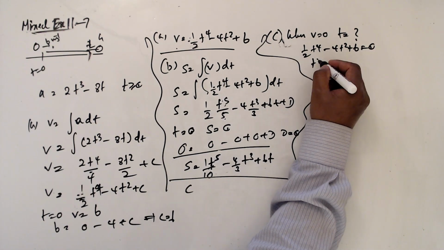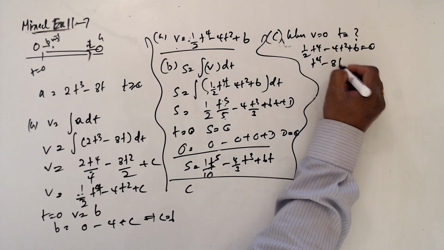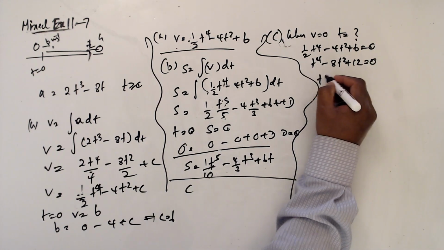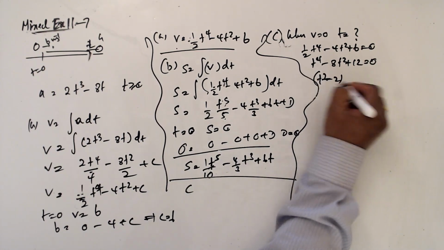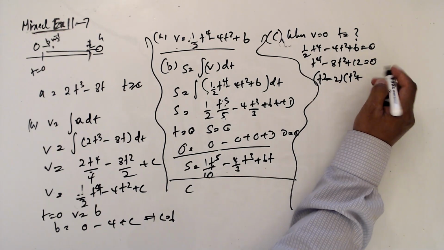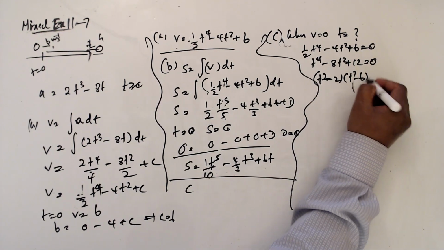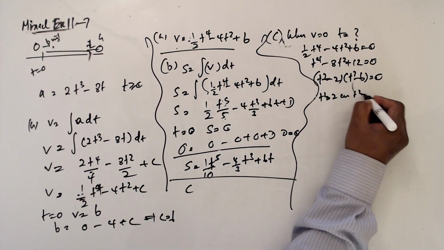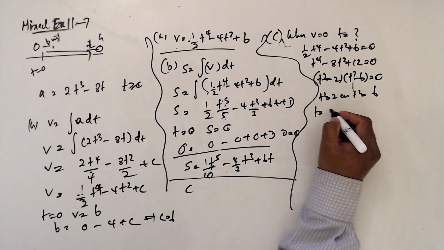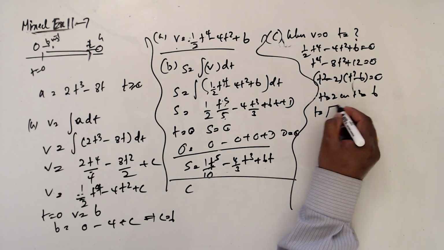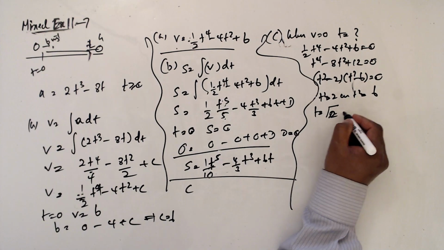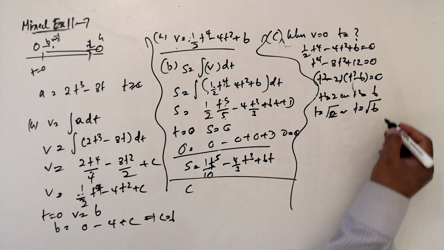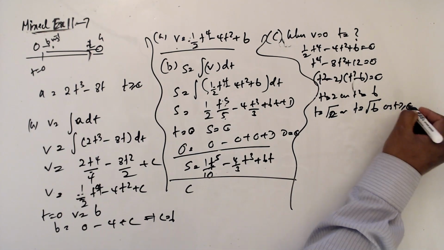That is multiplied by 2, t4 minus 8t square plus 12 equals 0. So we can factor, t square minus 2 and t square minus 6 equals 0. T square equals 2 or t square equals 6. I will drop the negative, so t equals positive square root 2 or t equals positive square root 6 as t is greater than or equal to 0.